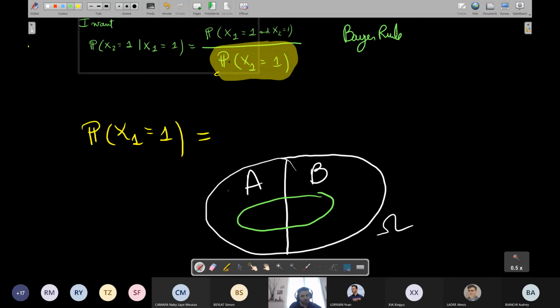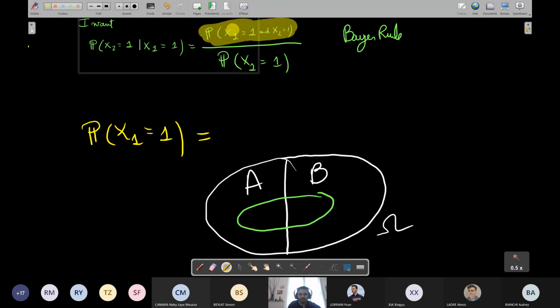Sorry, it's not the numerator, it's the denominator. Sorry, here I made a mistake. I want the thing here. So this green event is x1 is 1 and x2 is 1.